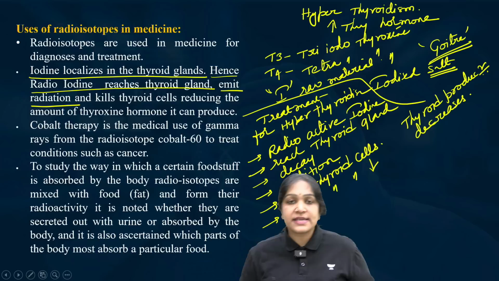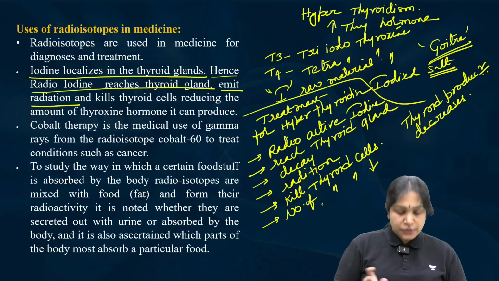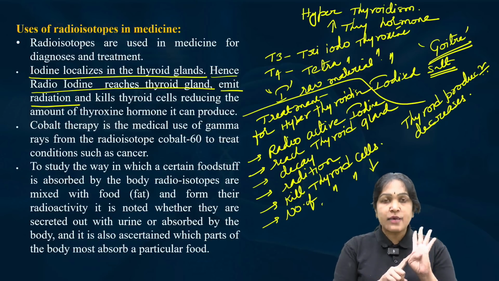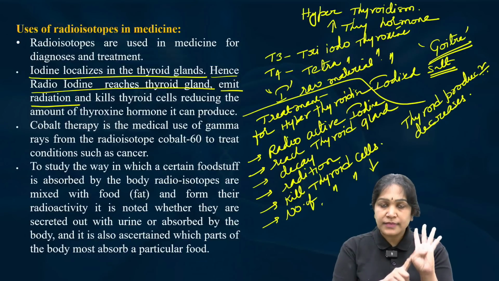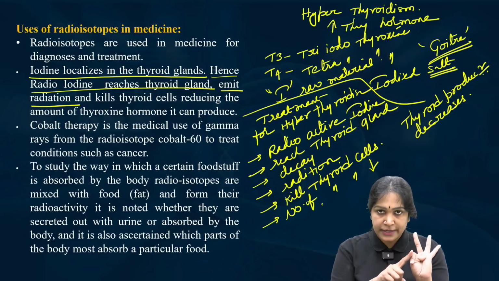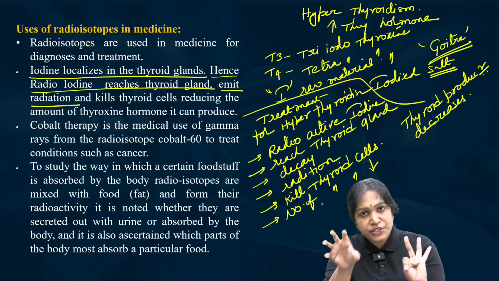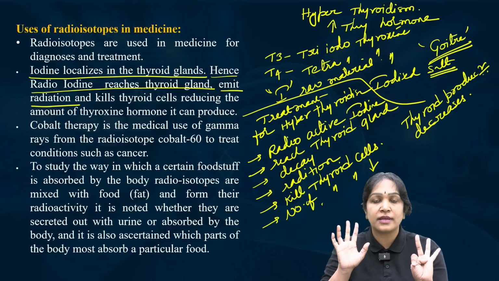I'll repeat it once again. Listen, remember this like a flow chart. First we take radioactive iodine. It may reach other organs, but most of it goes to thyroid. Why does it go to thyroid? Because the destination for iodine is thyroid only.